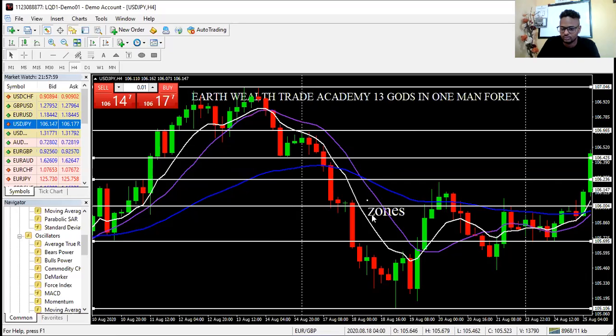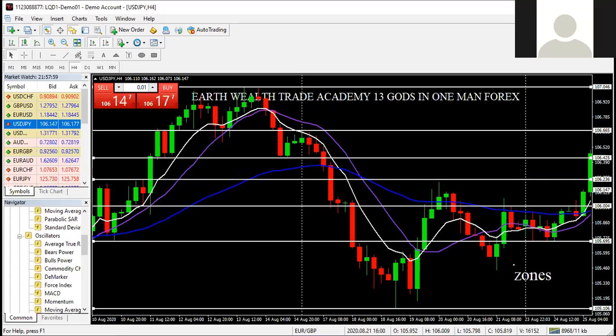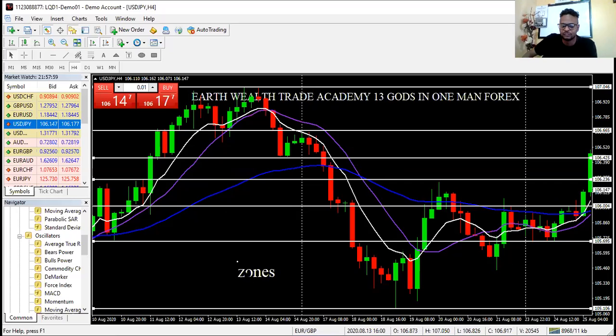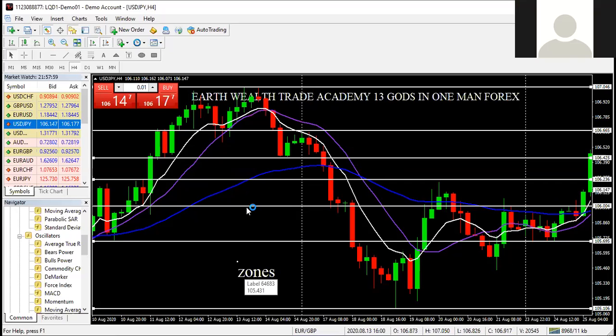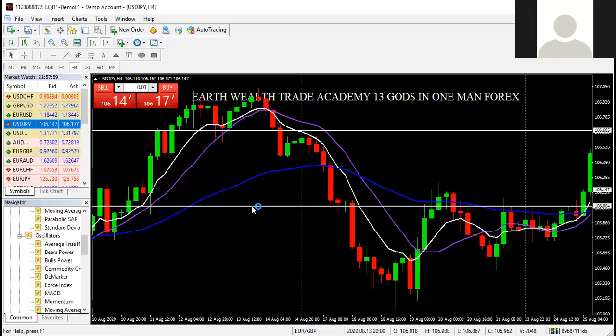Different zones, right through. So that's how we're going to identify zones. All right, we got that. So we're going to move on.